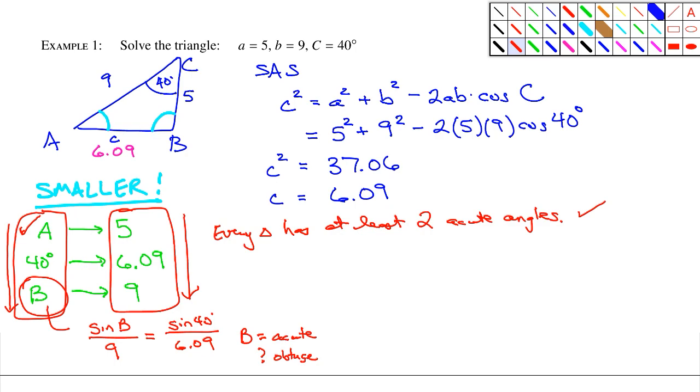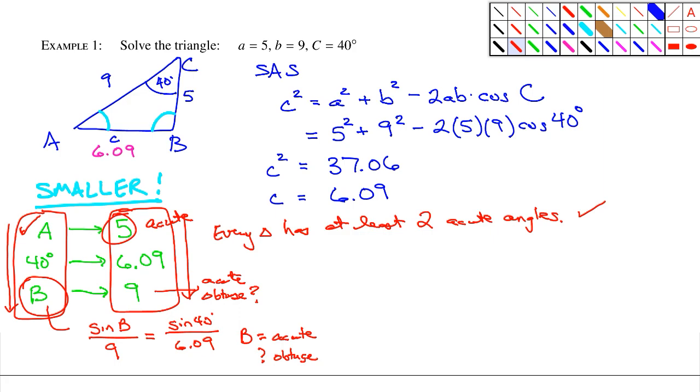An obtuse triangle has the obtuse angle and then 2 other acute angles. So we know that angle A must be acute because it's the smallest angle of the triangle since it is across from the smallest side. Angle B might be acute, but it also might be obtuse. For that matter, it might be a right angle. Doubt it, but you never know, right?